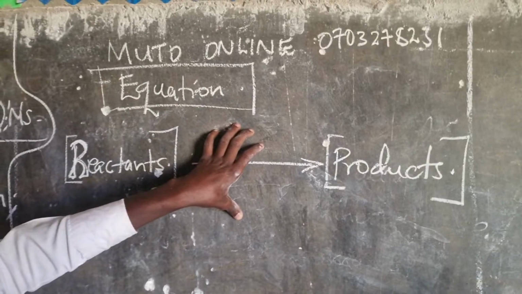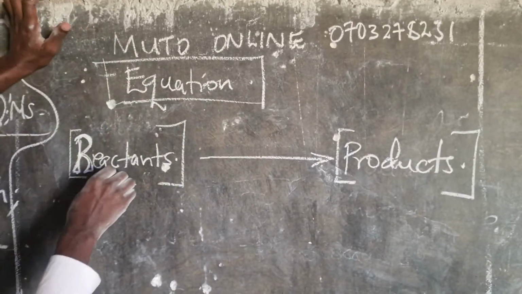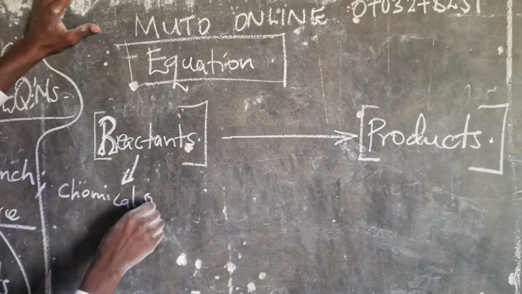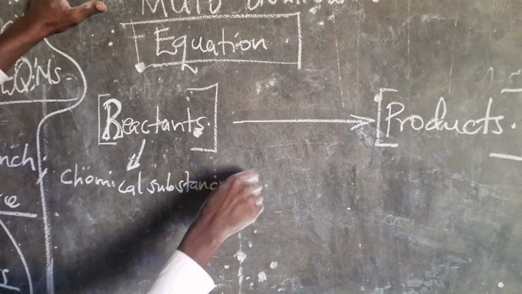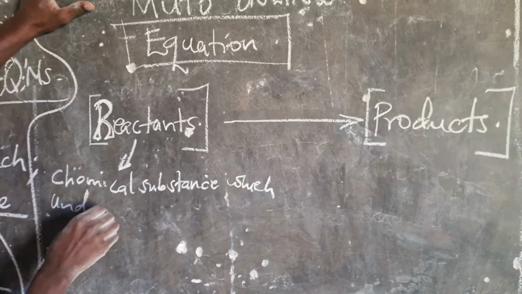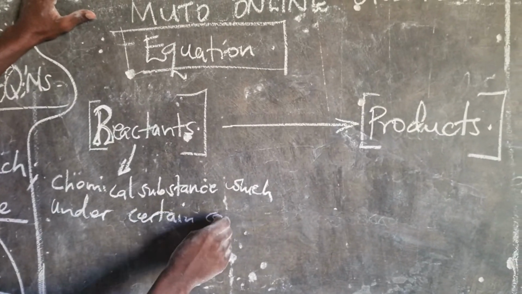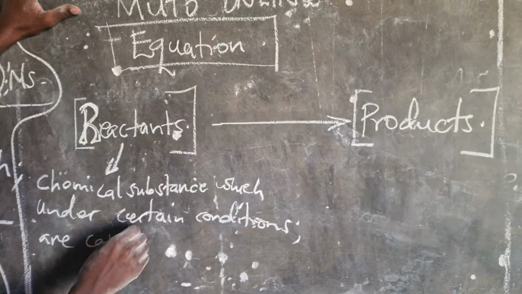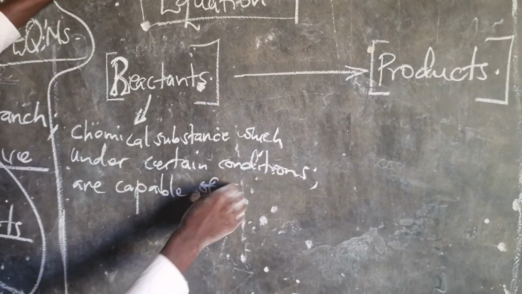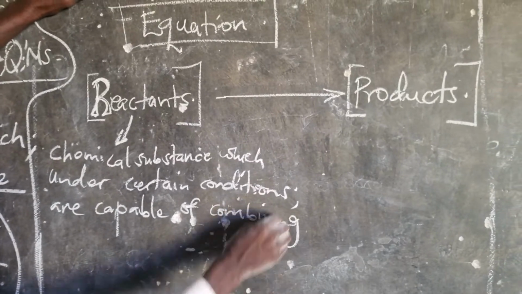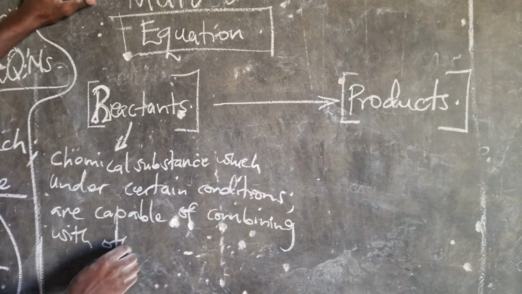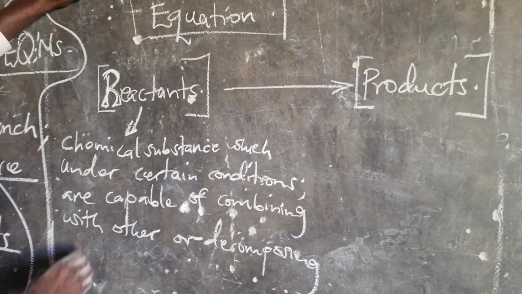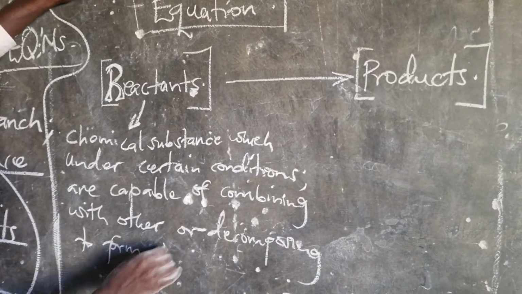Let me think you do hear me, please. So reactants, we said, are chemical substances which under certain conditions are capable of combining with others or decomposing to form products.